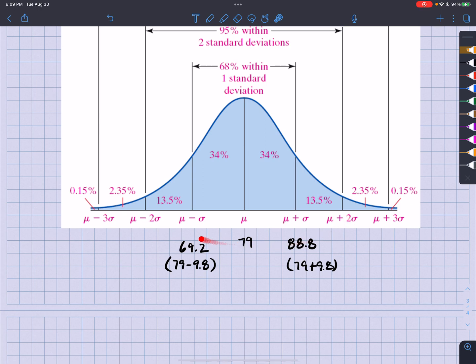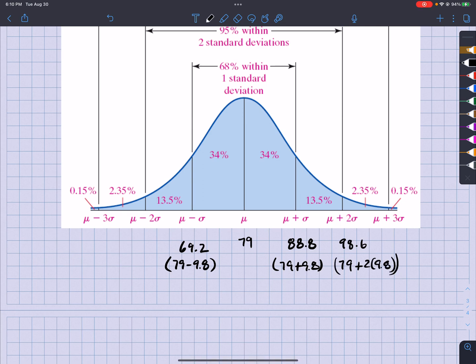With 2 standard deviations away, that means if I took the 88.8 and added another 9.8, now I'm going to have 98.6. So essentially what I did was take 79 and add 2 times 9.8, right?